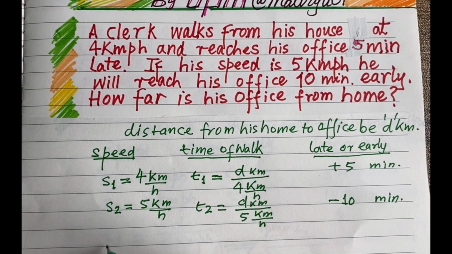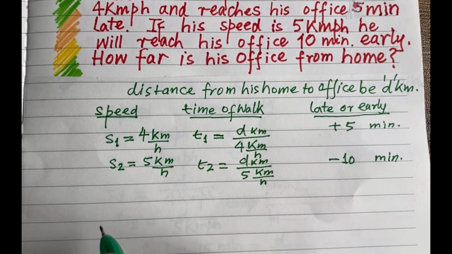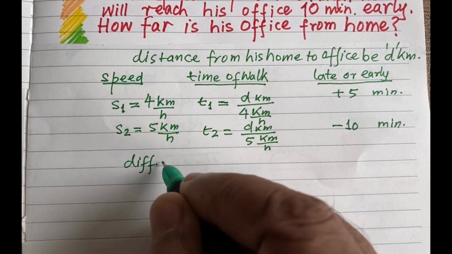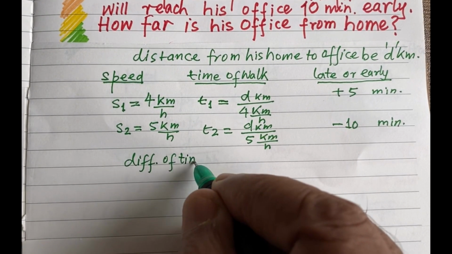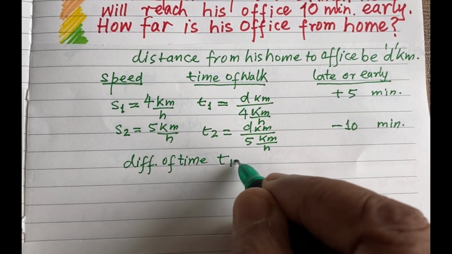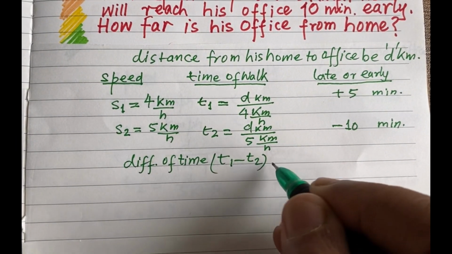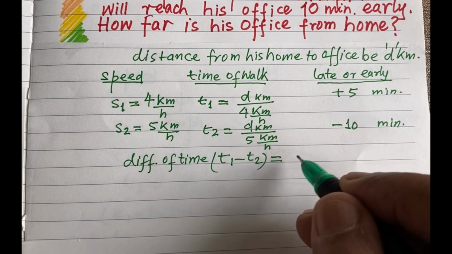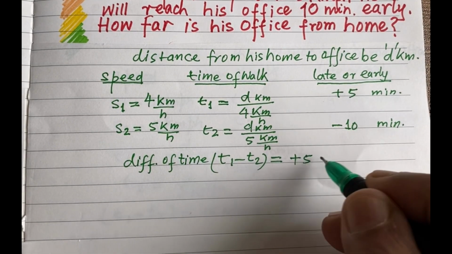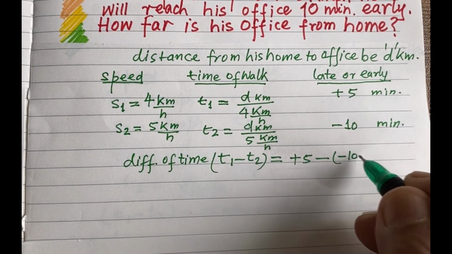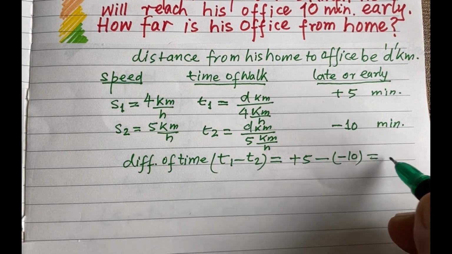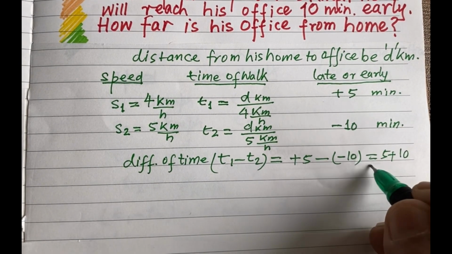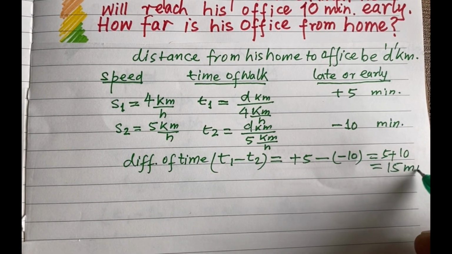Therefore the difference of time, that is t1 minus t2, would be plus 5 minutes minus minus 10 minutes, which is plus 5 plus 10, so this becomes 15 minutes.